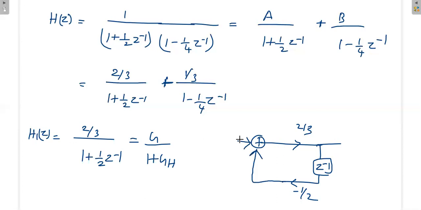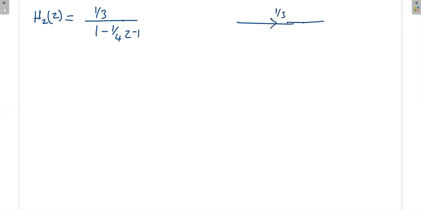Okay, x of z is the input, then y1 of z is the output. Then how to realize the second function, that is h2 of z? h2 of z is equal to 1 by 3 divided by 1 minus 1 by 4 z inverse. 1 by 3 z inverse.